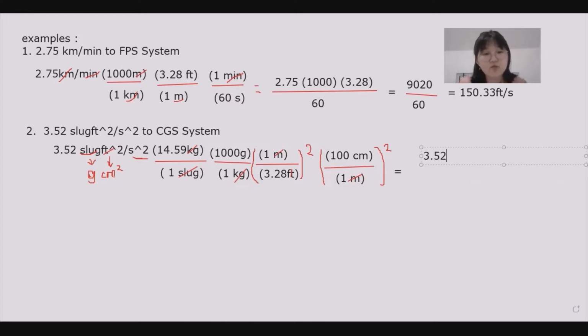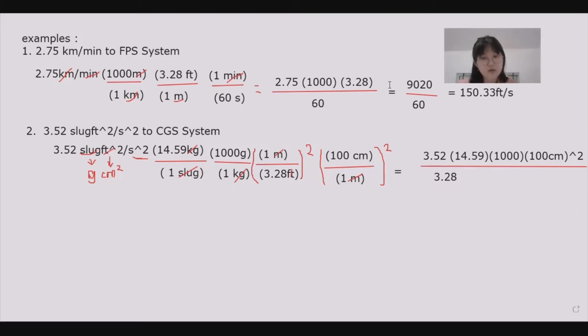It will be 3.52 times 14.59 times 1,000 times 100 centimeter square, and we divide it by 3.28 square.